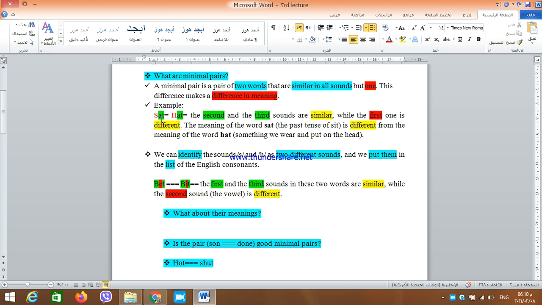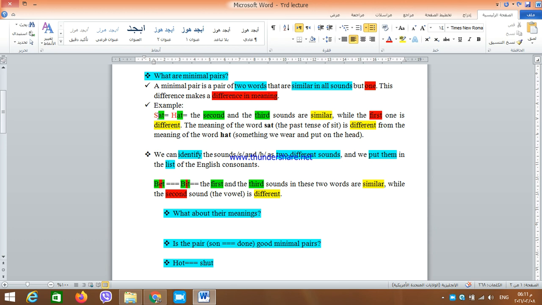So we have two words. The sounds of these two words are similar except one that is different, which is "sa" and "ha" in this case. Now there is the condition that the meaning should be changed when we change "sa" into "ha" or "ha" into "sa". So, do we have a difference in meaning? Of course.